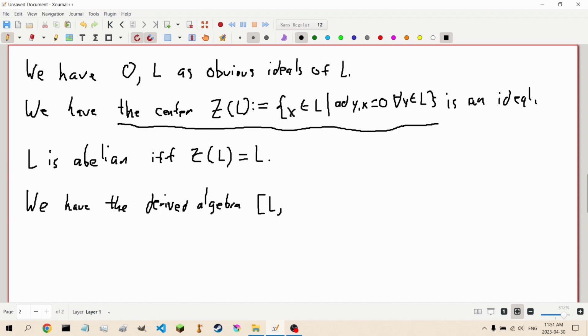And you can tell what this is from the notation as we saw from before. It is just elements which can be written as the bracket between two elements of L. And this is itself an ideal, of course.